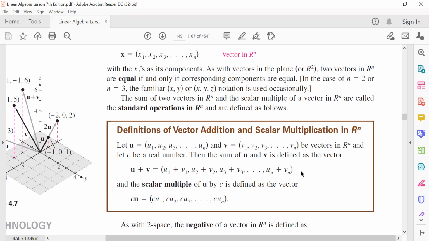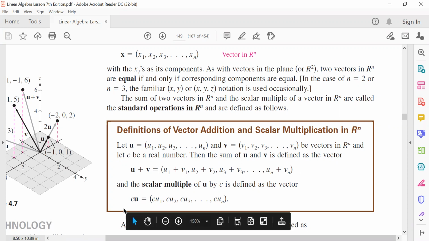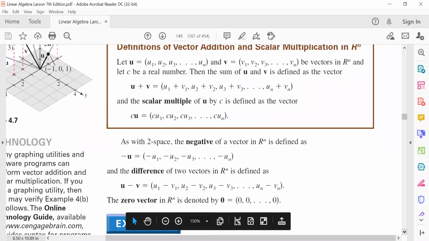Again, don't try to visualize this spatially, because space is only 3 dimensions, but just think of it as a whole bunch of variables. And cu, c times u, get it? Is cu1, cu2, just like we said a few minutes ago with ordered pairs. Works the same way.